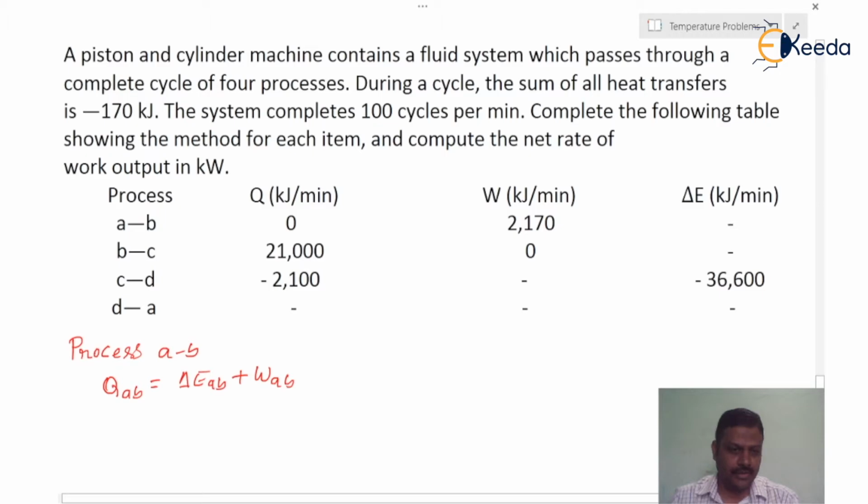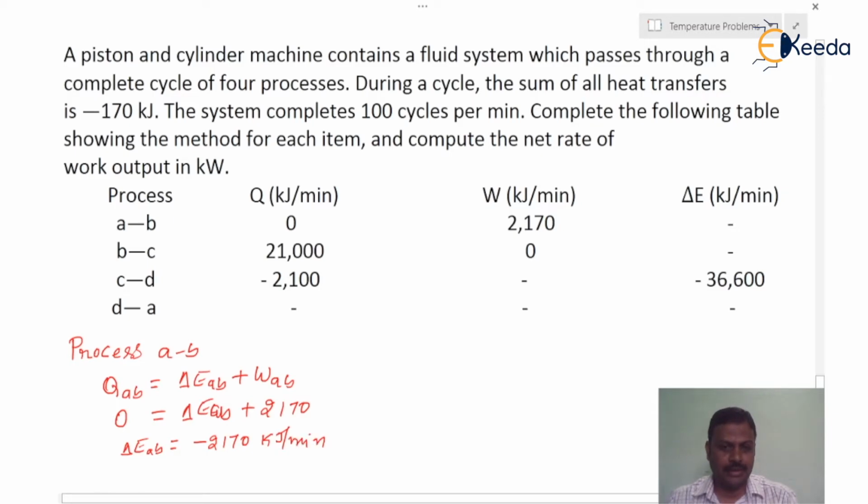QAB in this case is 0, that is equal to delta EAB, which has to be calculated, plus WAB, which is 2170 kilojoules per minute. So delta EAB is minus 2170 kilojoules per minute.